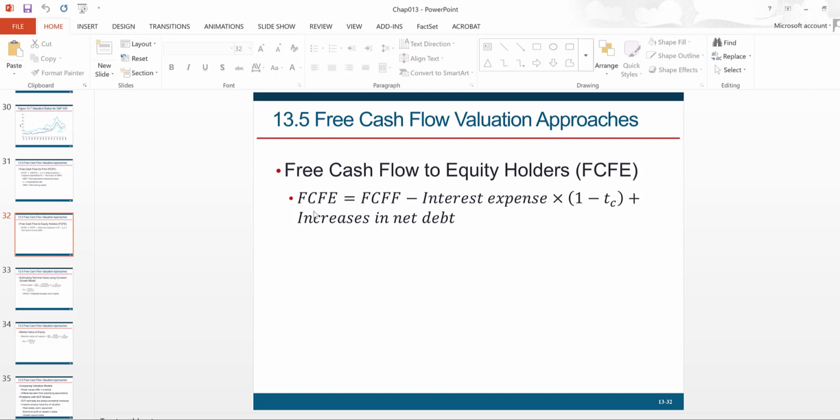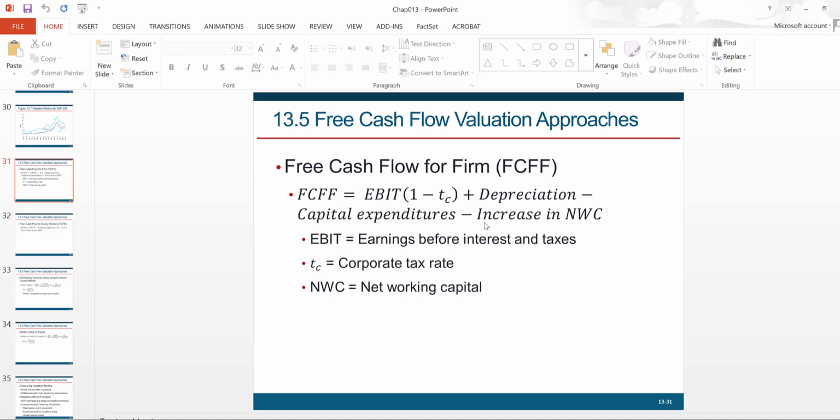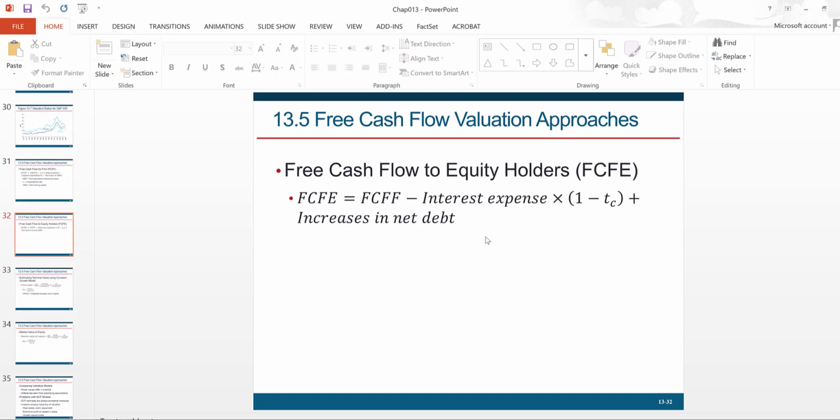So this is the FCFE, free cash flow to equity holders equation, right? We start with FCFF. So this is the FCFF that we computed earlier, and then we adjust it for interest expense. So interest expense is paid to the debt holders.